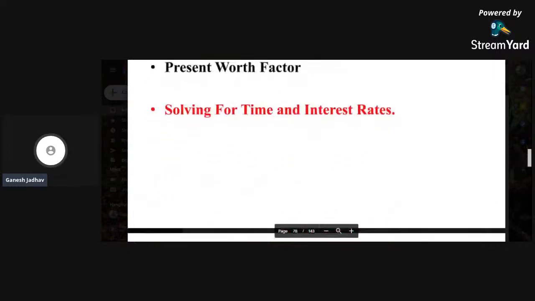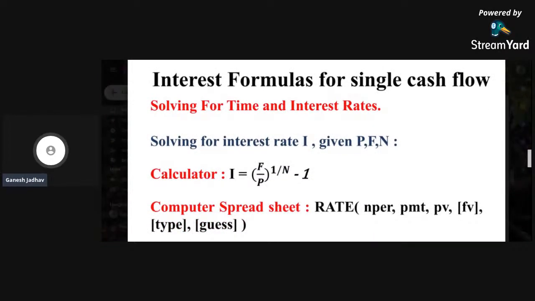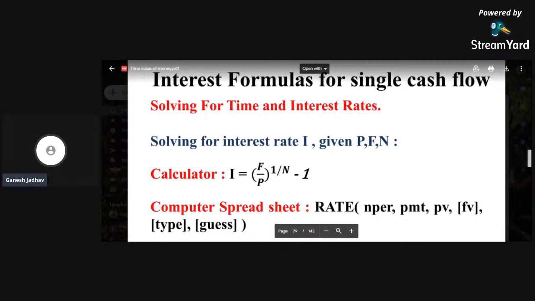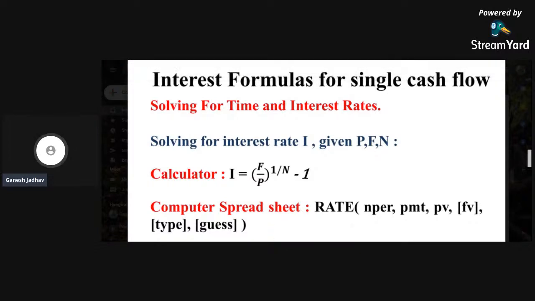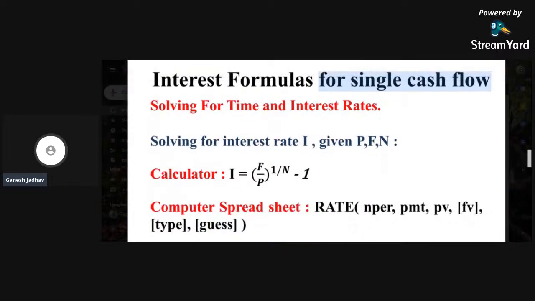Then we move toward solving for time and the interest. Solving here means solving for the interest rate i. You can modify this formula in the form of i.